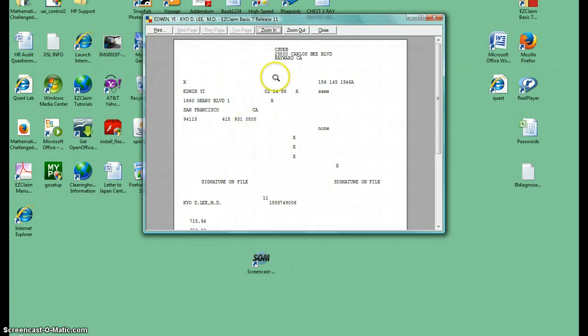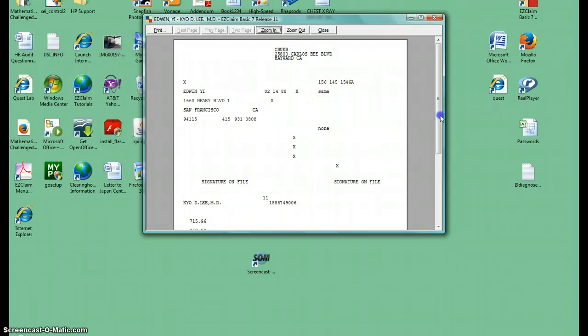It basically is just a pre-printed form, and after using the software, all this information will be in the correct spots and boxes. So here we have the claim address where we're going to send it to the insurance. Here's the patient's information. This X right here is where we checked the type of insurance, and if you remember, we used Medicare as an example.